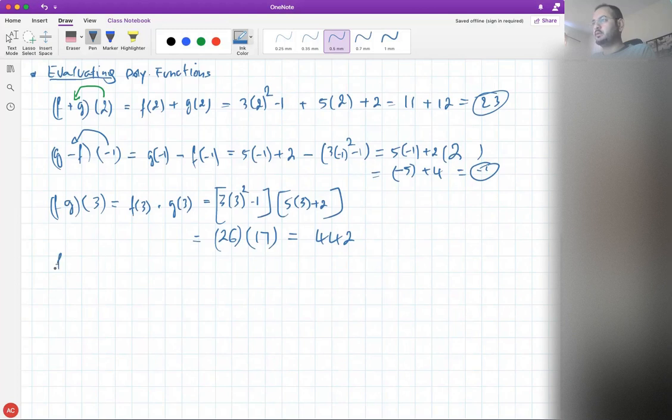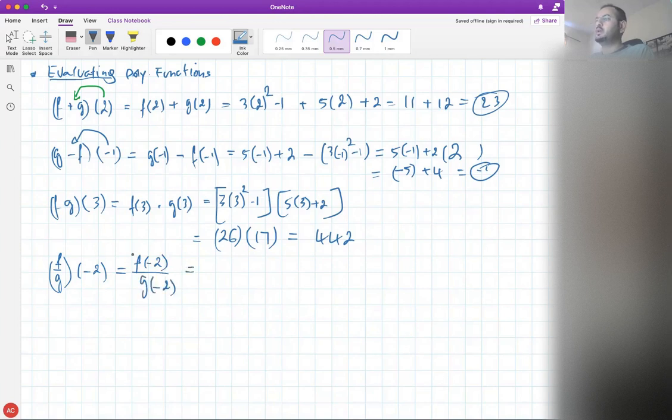For example, f over g of some number, maybe -2. So instead of multiplication, we have a division now. We can split this again, just like we split the subtraction and the multiplication. So we can do f of -2 over g of -2.